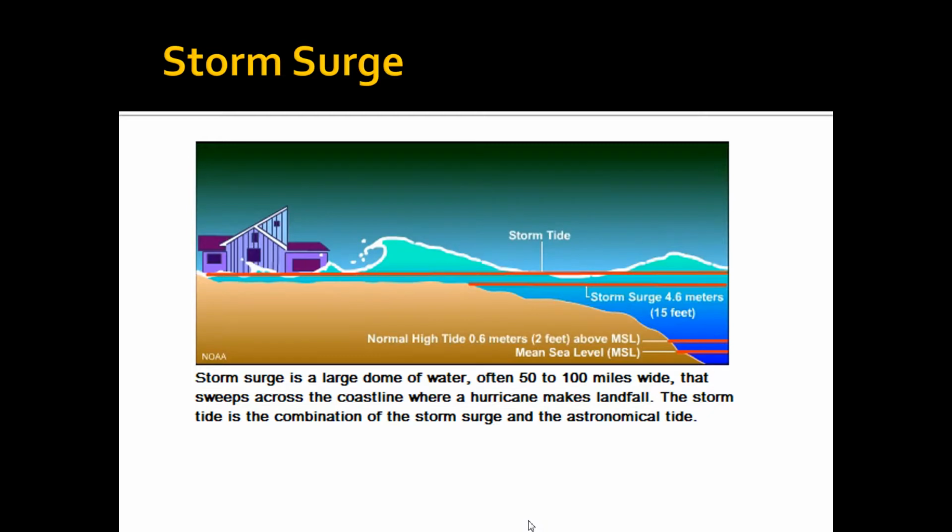And that's in addition to the really high waves. So in a very real sense, you can get tremendous amounts of sea level rise and tremendous amounts of damage caused by storm surge. That's what makes storm surge the deadliest hazard posed by hurricanes, because it's one of the most destructive. This is one of the reasons why even in minimal hurricanes, they'll usually try to get people away from the ocean.